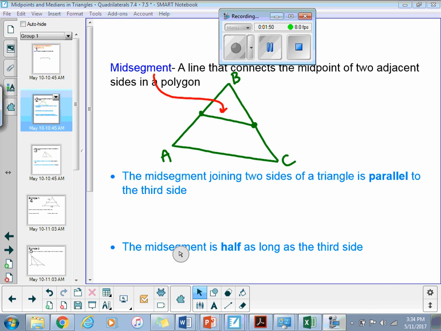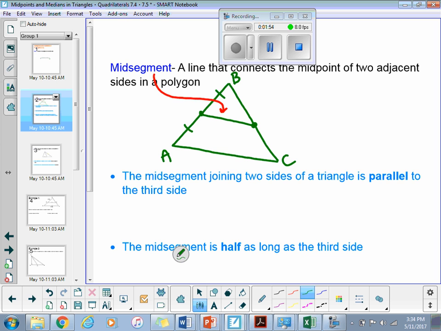So some things that are important about a mid-segment. First of all, we just said that these two are going to be equal. These two are going to be equal. The mid-segment line, as indicated here, is going to be parallel to the third side, this being the third side. So these two are going to be parallel. That's one thing to note.